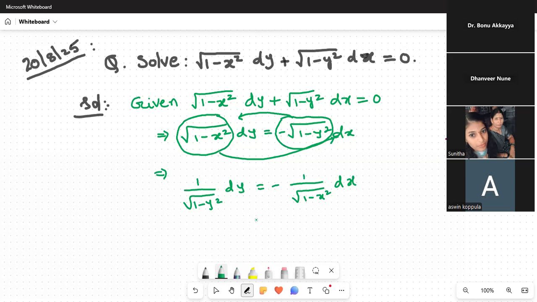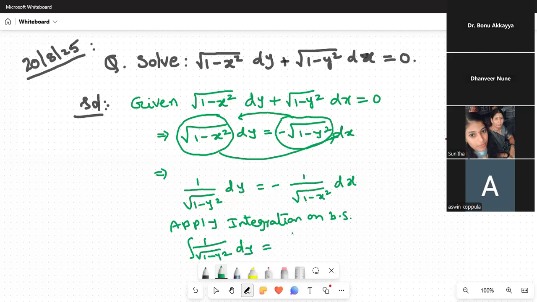Whenever you get this, immediately you have to apply integration on both sides. We will get integration of 1 by square root of 1 minus y square dy is equal to minus integration of 1 by square root of 1 minus x square dx.